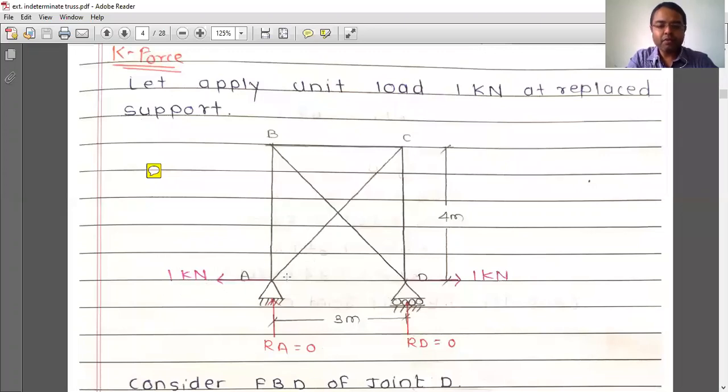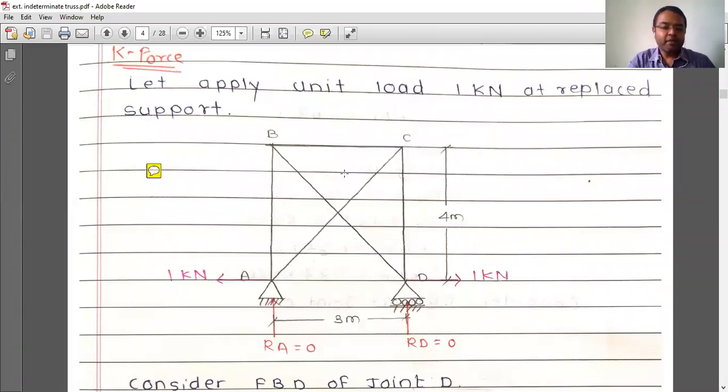Of course, to balance this 1 Newton, there must exist a 1 Newton force at joint A. This is going towards right, and at joint A, the force must go towards left to balance the total structure.